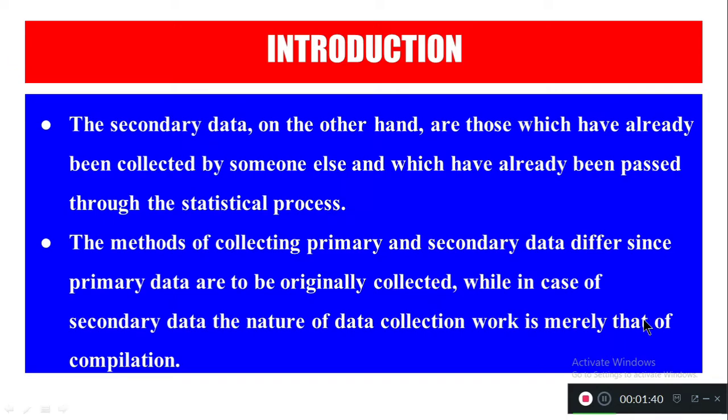The method of collecting primary data and secondary data also differs, like its characteristics. The primary data collection is very important, and it has various methods. But for collecting secondary data, we just need to compile all those data which have been already collected. So this is the difference.